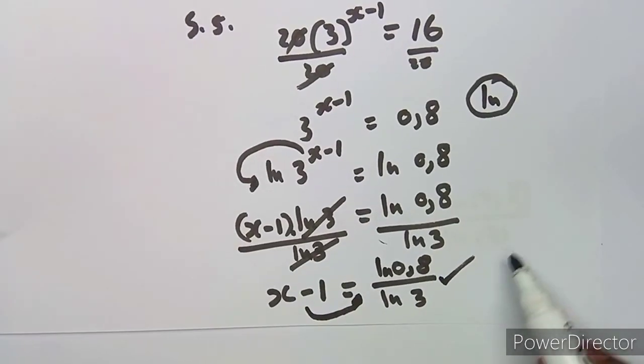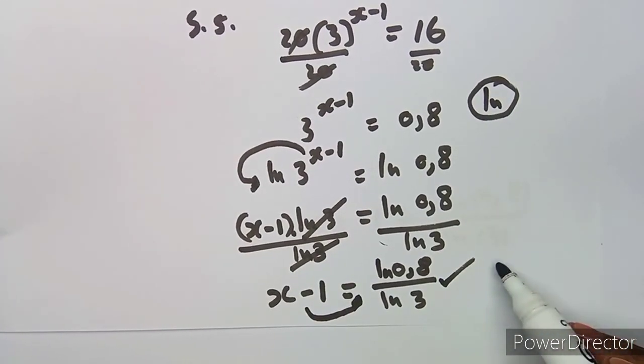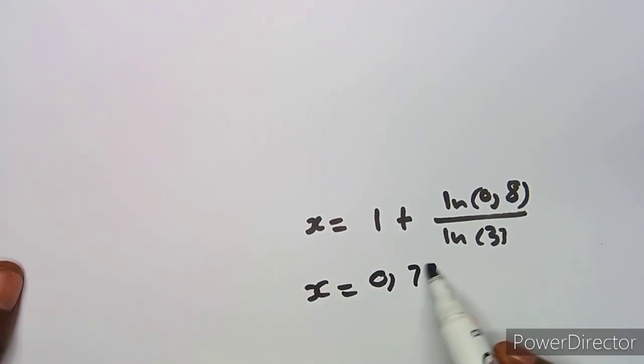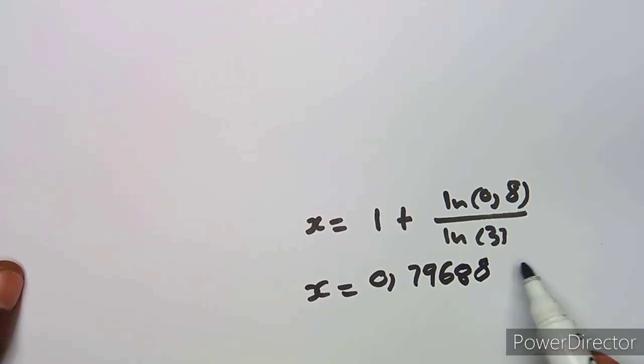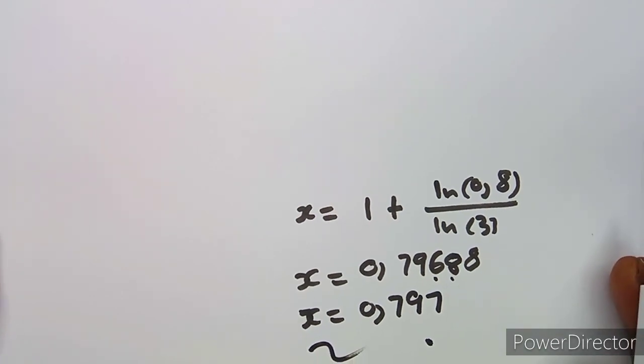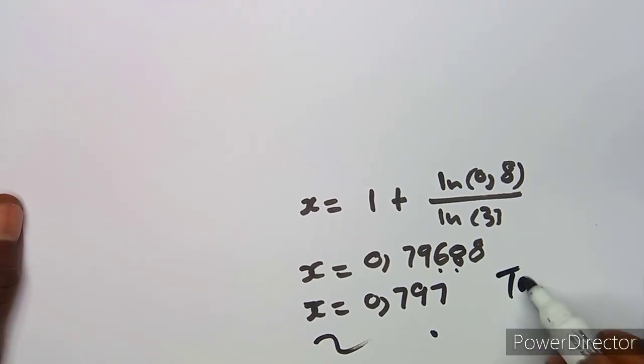Just transpose this, and that's your x, which is going to give you 0.79688. So x is going to be 0.79. This 8 is going to round this up into 7. So that is the value of x to 3 decimal places.